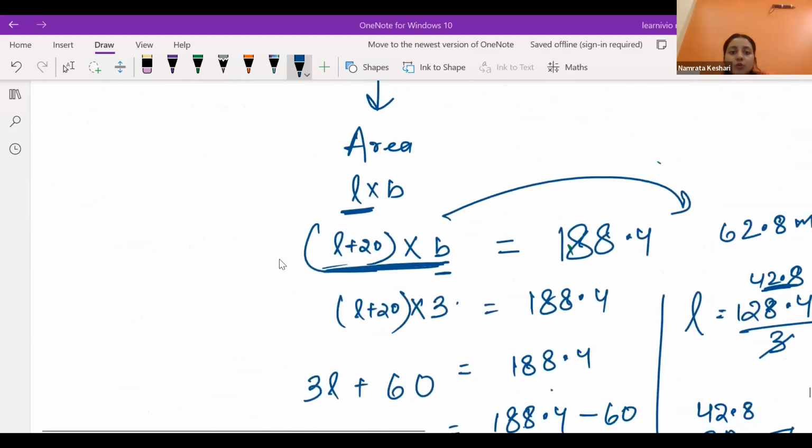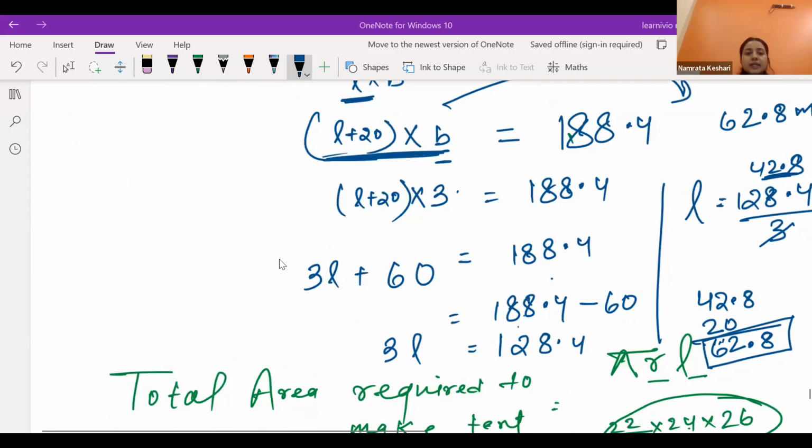The same question you could have also done if we take, suppose, the length, whatever the length is. Let me check whether it is possible to get it this way or not.